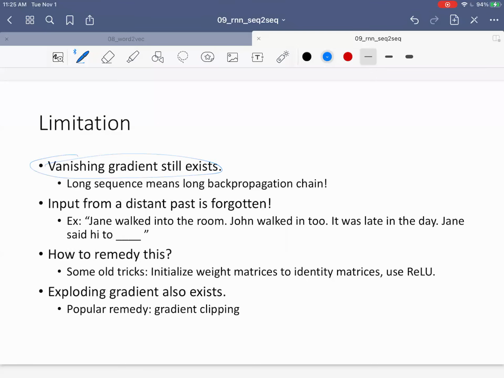So in feed-forward neural network, if you use too many layers, like 100 layers or 1,000 layers, then your backpropagation doesn't work very well.